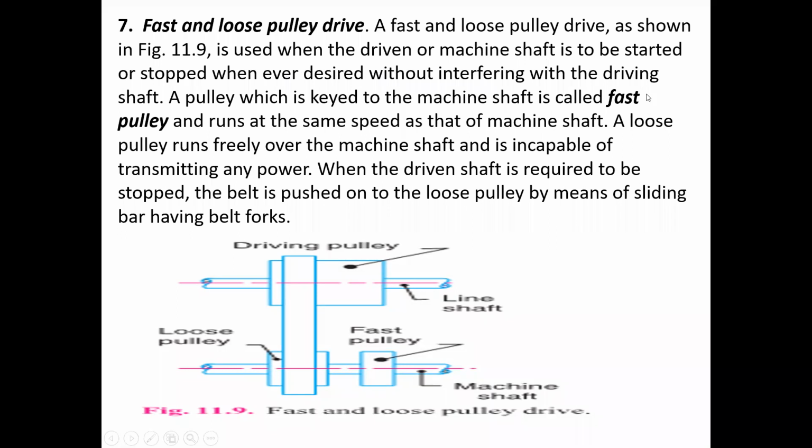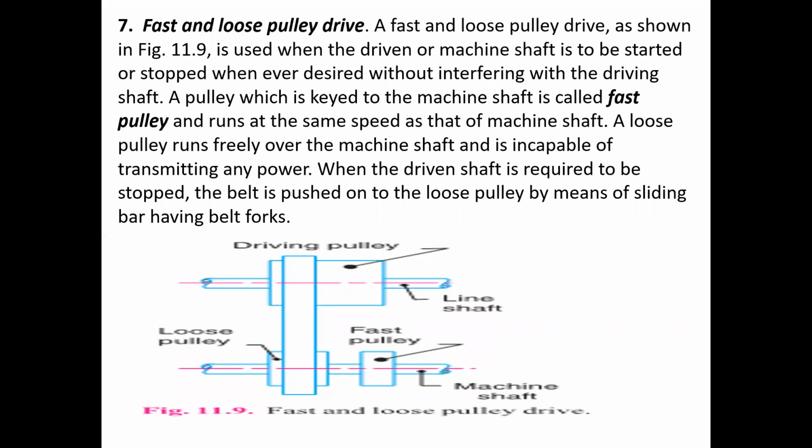And where do we generally see belt drives? If you observe flour mills, you have seen a lot of belt drives in our flour mills, a large number of belt drives.